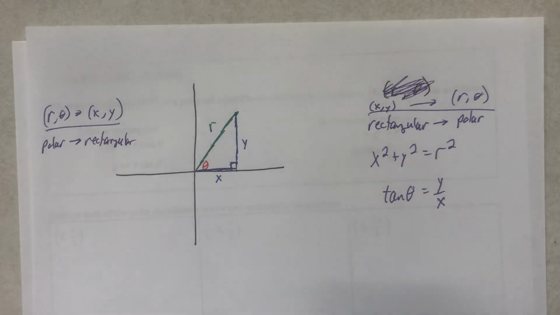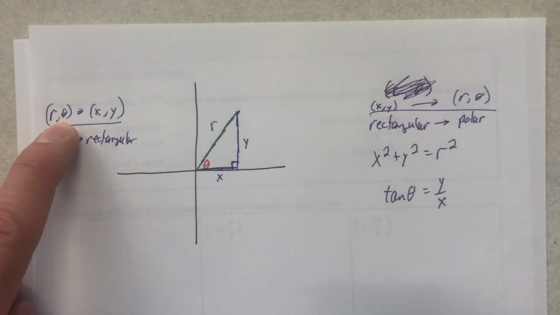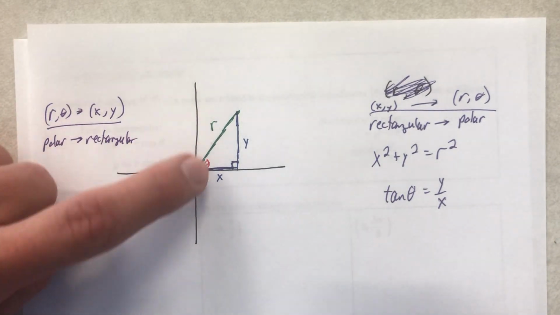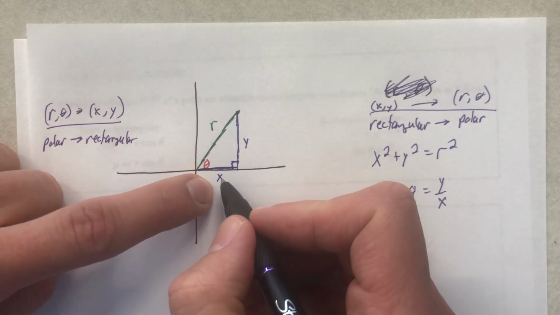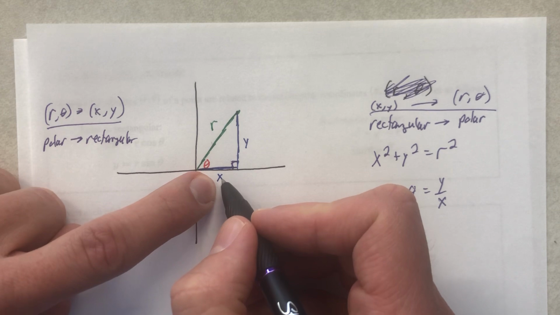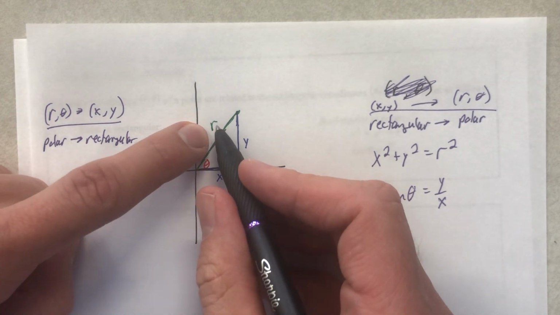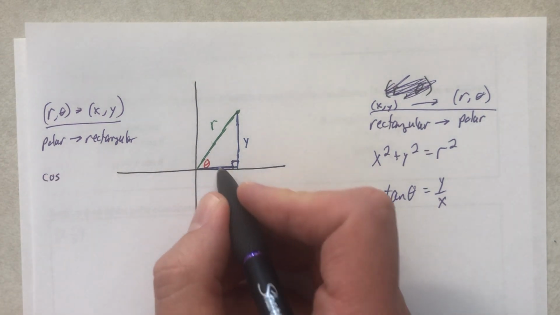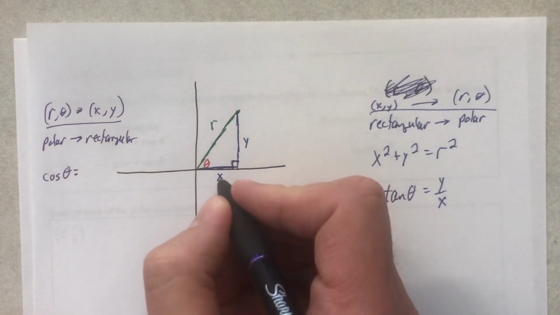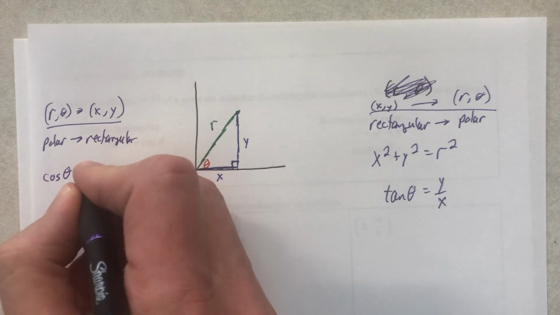In that case, what I do know is r and theta. So I'm going to make an equation that has r in it, has theta in it, and I need the other stuff. If I wanted to get x, well, x would be the adjacent side, and that would be the hypotenuse, so I would use cosine. So the cosine of theta is equal to x over r.